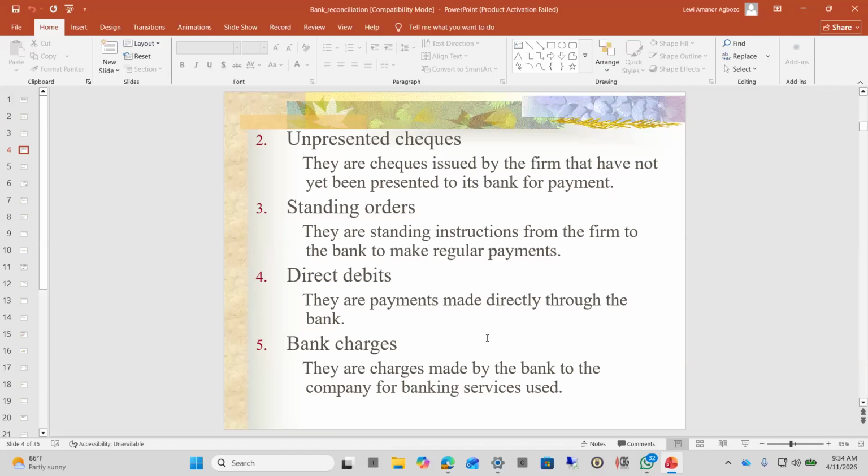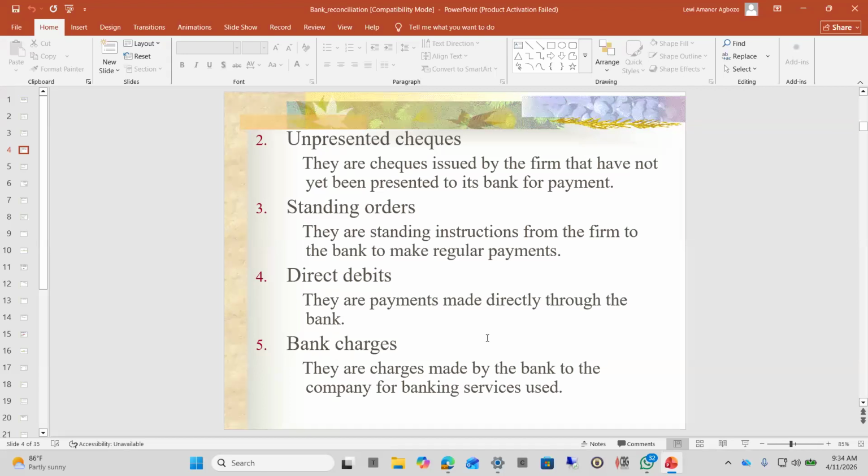An example is bank charges. Bank charges can also be direct debit, or some commission on some services the bank has done for you, or some account product that deserves some deduction.